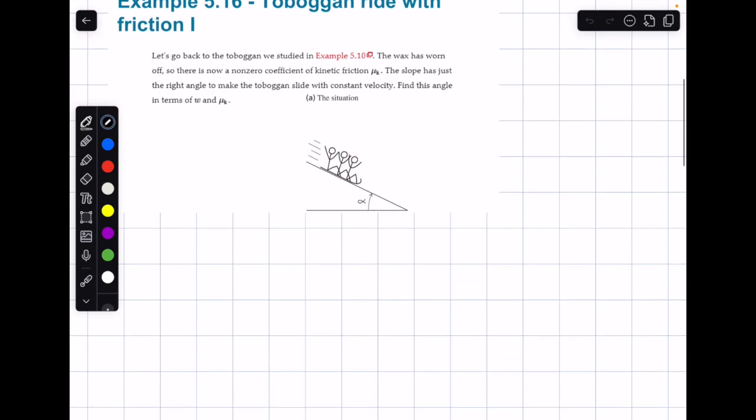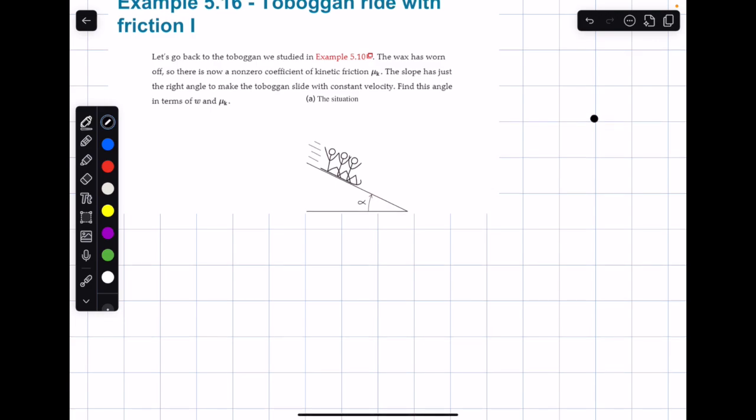All right, so let's draw a free body diagram of us together on the toboggan. I'll draw that right over here. And with a free body diagram that's on an incline, I like to draw the incline as well. All right, so the weight of all of us together is going to be straight down. The normal force is going to be perpendicular to the inclined surface.